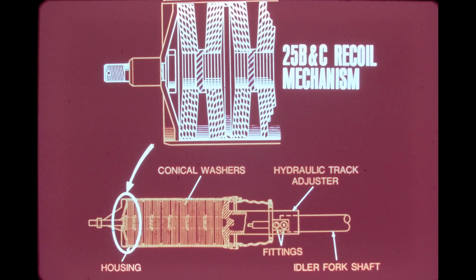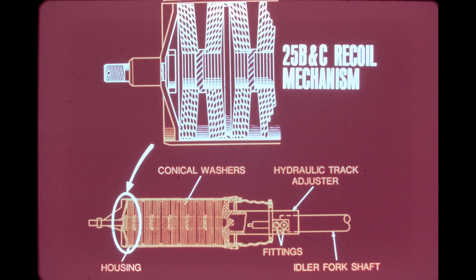The recoil mechanism on the TD25B and C consists of a series of conical spring washers enclosed in a housing. This type of recoil mechanism is an International exclusive and is simpler in design and requires less maintenance than the recoil mechanism on other crawlers the size of the 25 series.